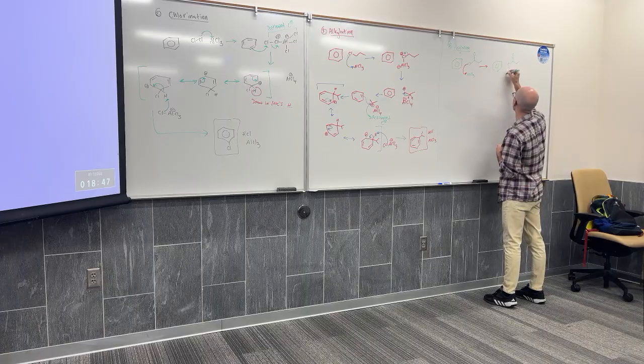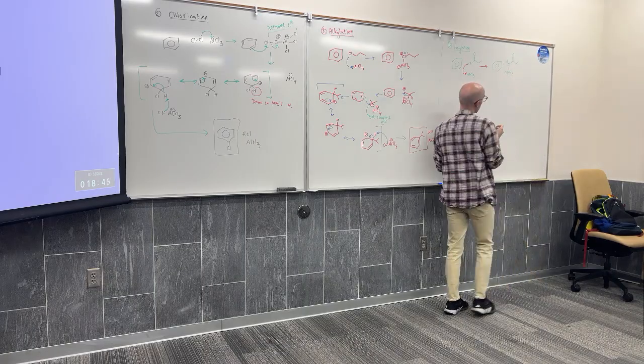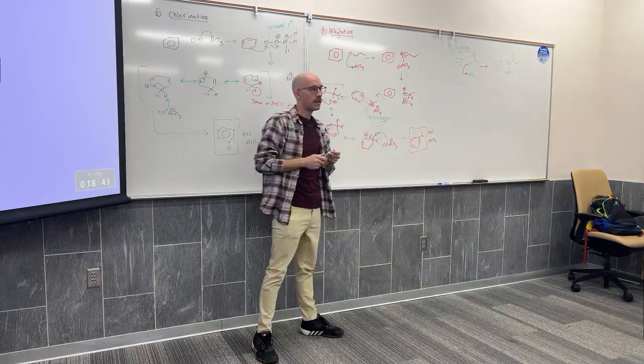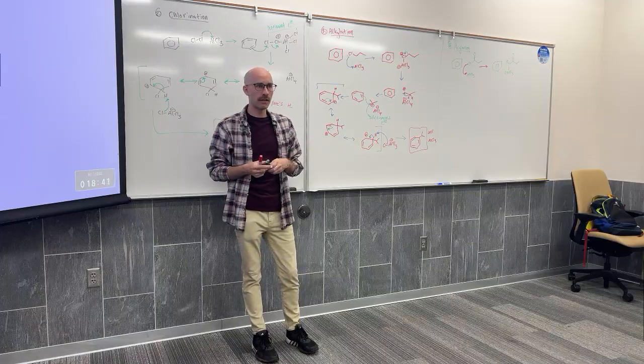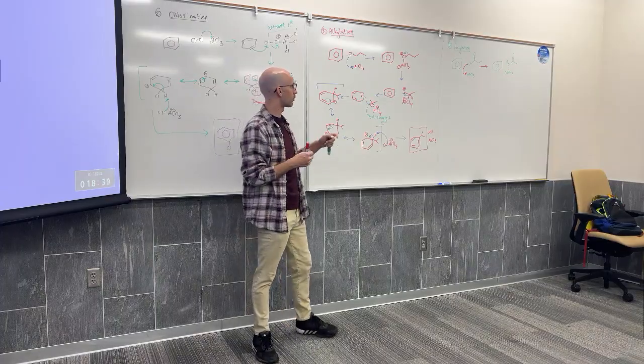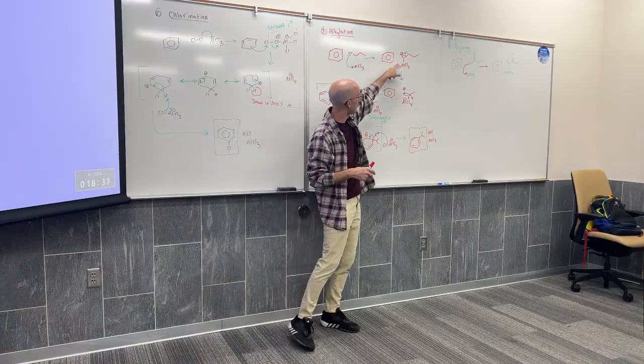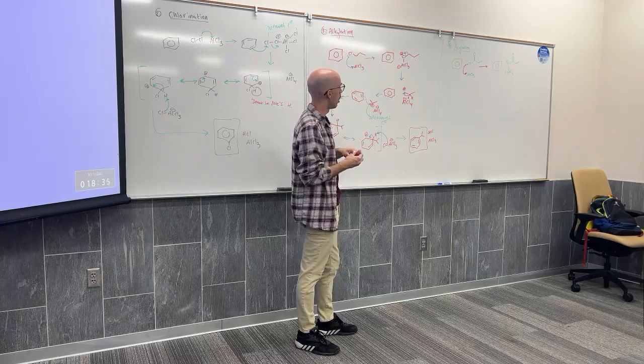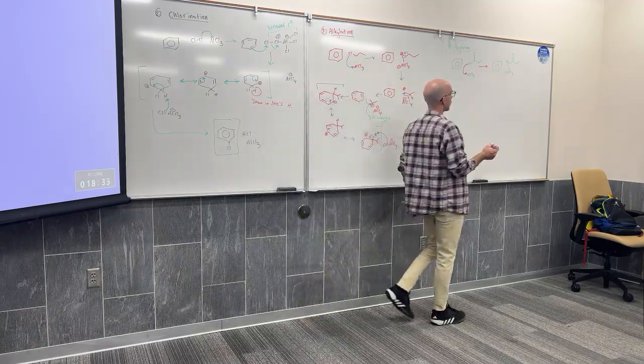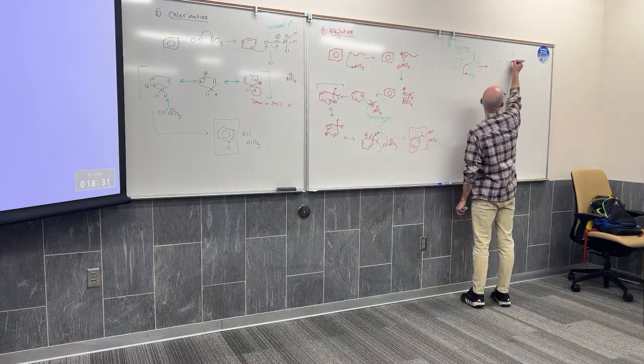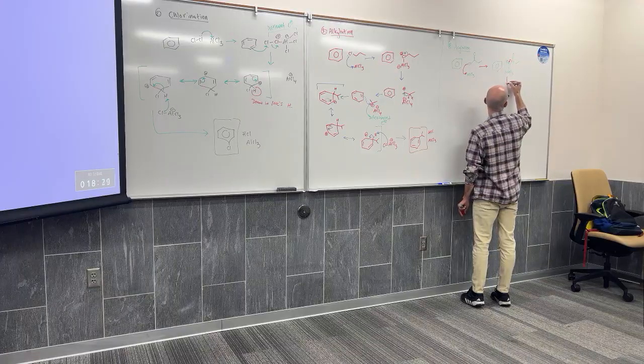That creates a negatively charged aluminum and a positively charged chlorine. We have essentially turned the chlorine into a good leaving group, just like we did last time. Chlorine pops off of the carbon. Here, chlorine pops off of the carbonyl carbon.